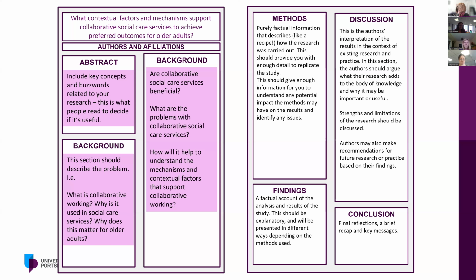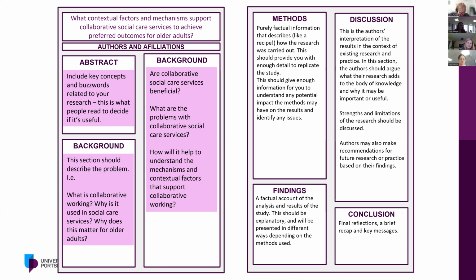So your background should set the scene for your research. For our question, I would start by defining what I mean by collaborative working and why it is used in social care services. I might talk about the rise in multi-morbidity in older adults and how different clinical and social disciplines must work together to ensure older adults receive appropriate and coordinated care for their health and social care needs. That was a long sentence.